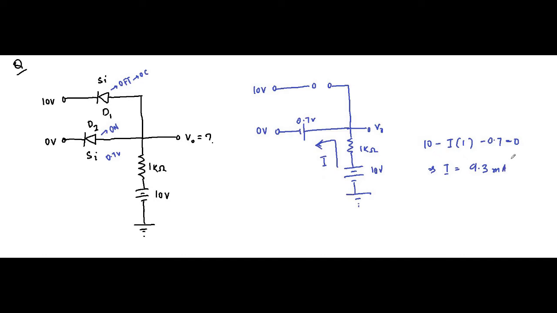Now to calculate V0, the KVL equation from ground to V0 will be 10 minus 9.3 into 1 minus V0 equals 0. That implies V0 is equal to 0.7 volt. This is the solution, which uses basic circuit analysis technique and basic knowledge about the on and off conditions of diodes.